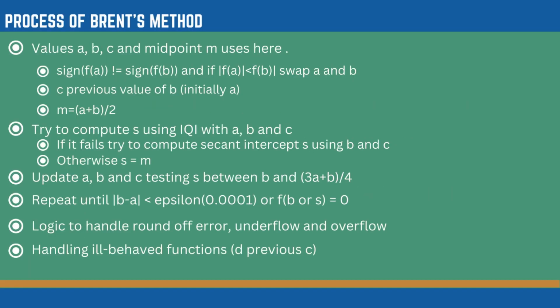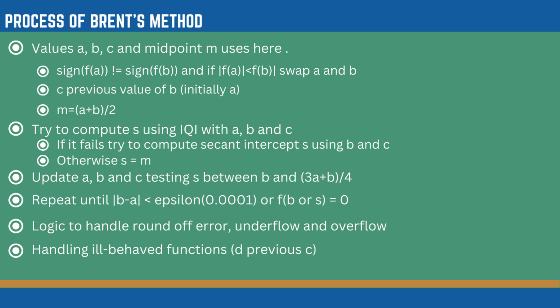So here, in the process, Brent's method will have some A, B, C values and a midpoint value. First of all, we check whether the signs of f(a) and f(b) are equal or not. If not equal, that's good, but if equal, we have to swap.